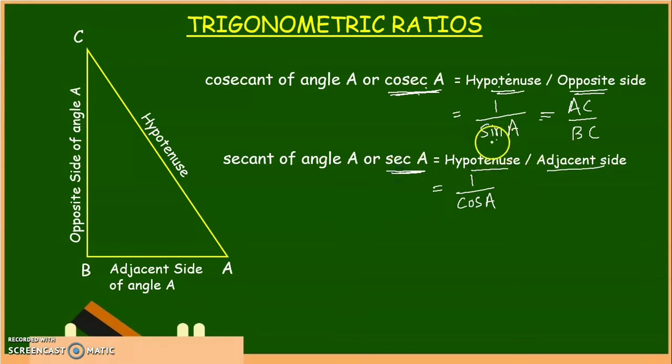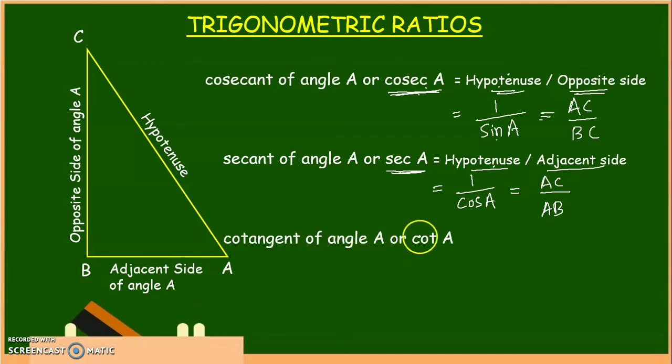Here sec A is the ratio of the hypotenuse to the adjacent side, means it is the reciprocal of cos A. And the formula for sec A is the hypotenuse AC over the adjacent side AB. And the last trigonometric ratio is known as cotangent of angle A, or in short you can write cot A. And the formula for cot A is the adjacent side divided by the opposite side, or you can say this is the reciprocal of tan A.